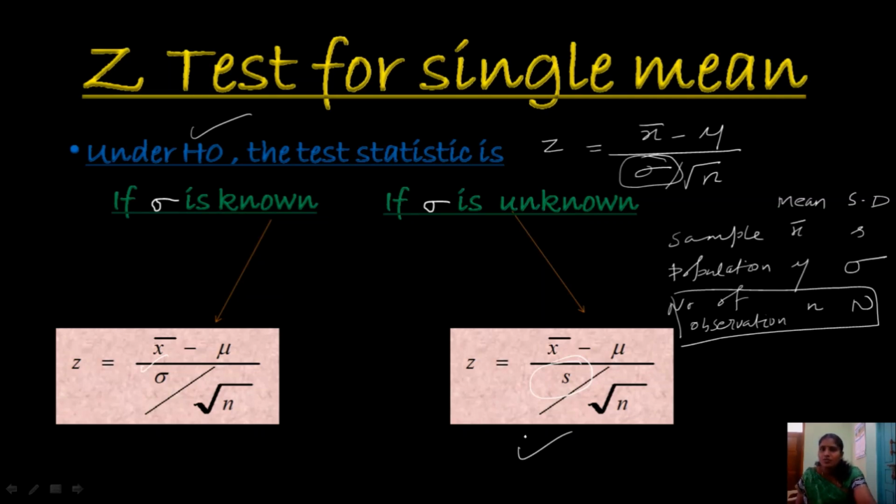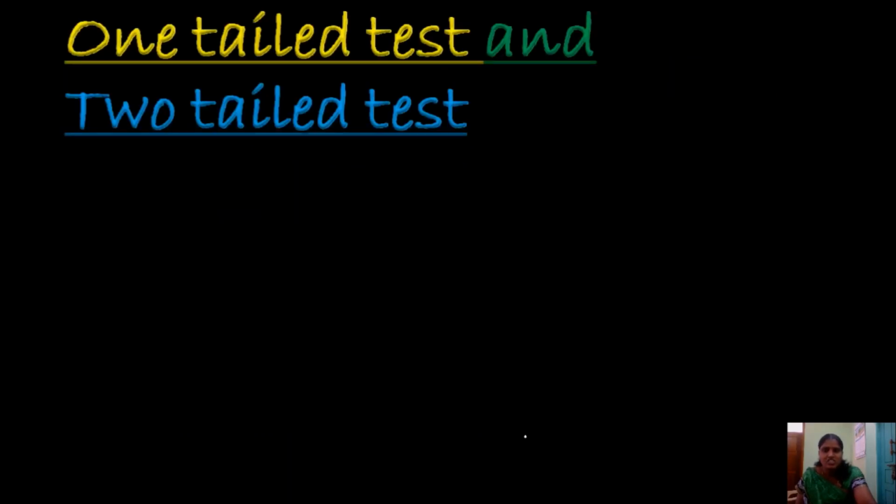Before we move on to the test procedure involved in the z-test, let me have a short look at the one-tailed test and two-tailed test, what they mean. Let me explain this by taking a simple example.